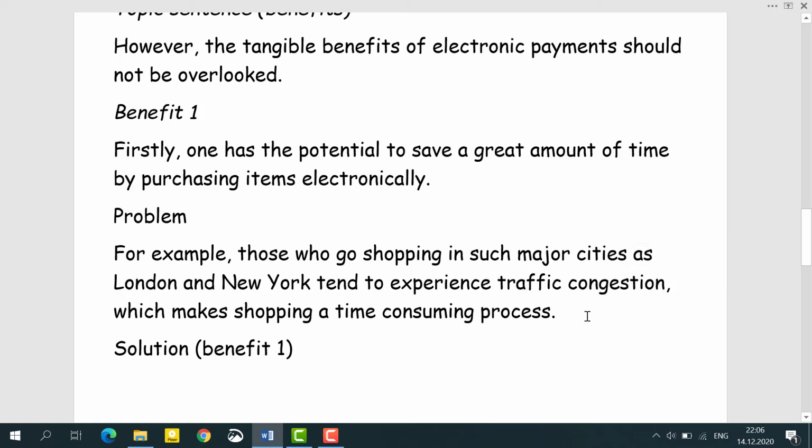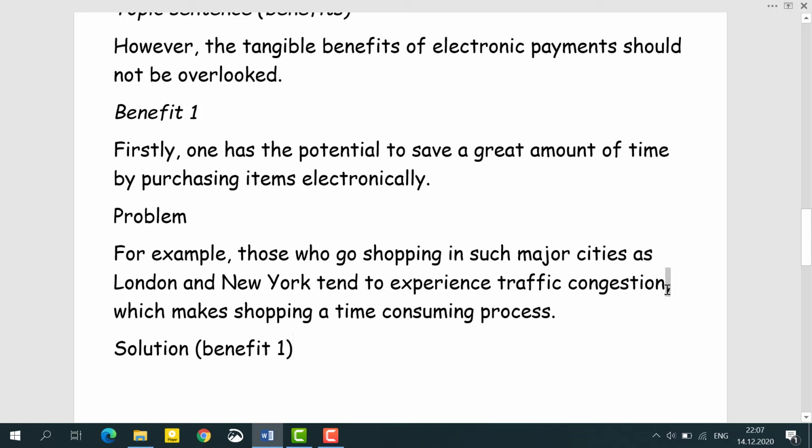But remember, you don't want to use the word traffic jams because this word is a colloquial phrase, okay? It's more like, it's not for academic writing. You want to write traffic congestion, which makes shopping a time-consuming process. The expression a time-consuming process means that it takes a lot of time to do it, okay?